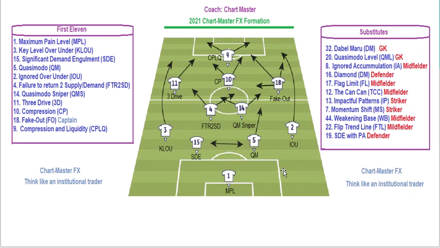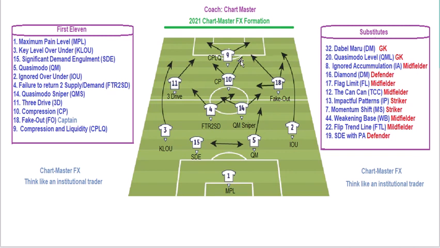So there's a kind of a compression plus liquidity that is combined with the fake out, I mean guys, with the fake out. Compression plus liquidity with the fake out. So you can see the confluence of these things guys, they help you to make it in this trading career.